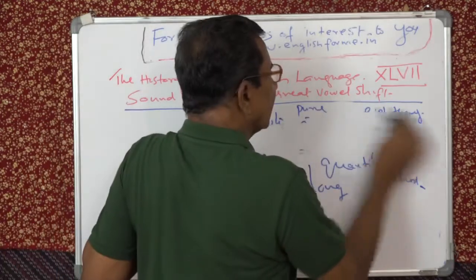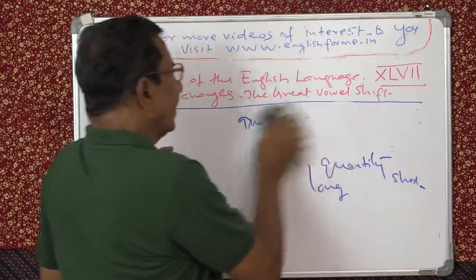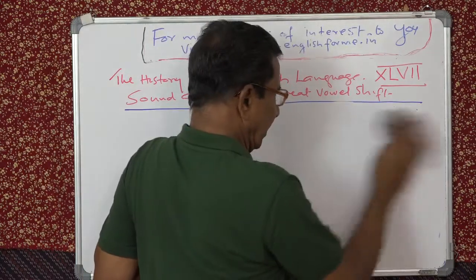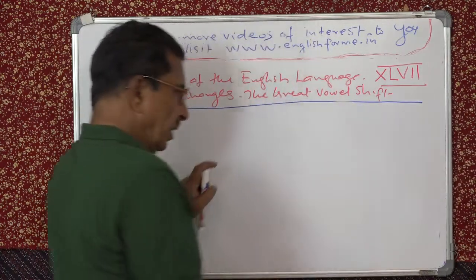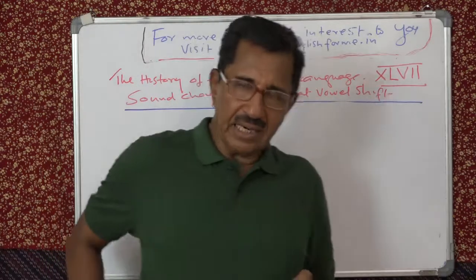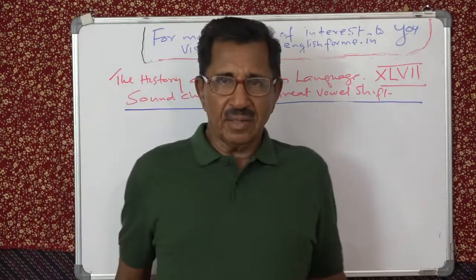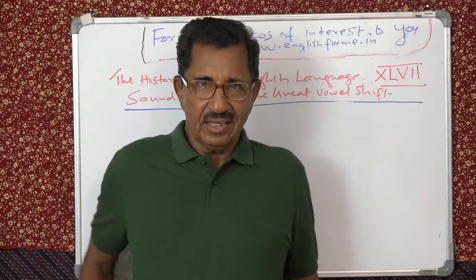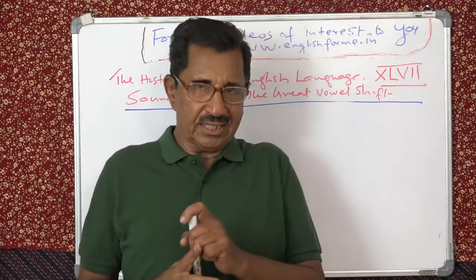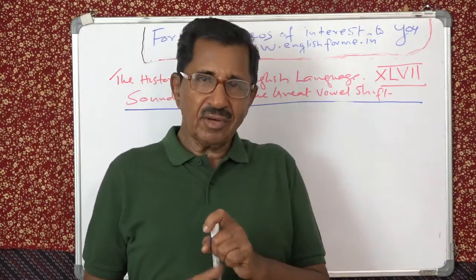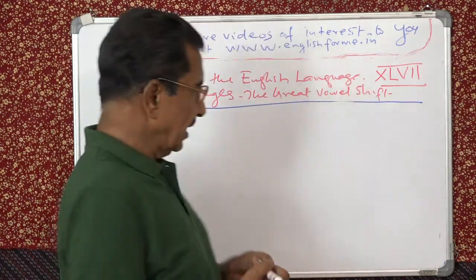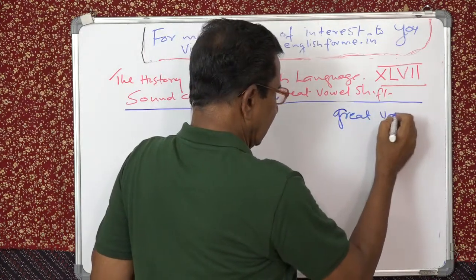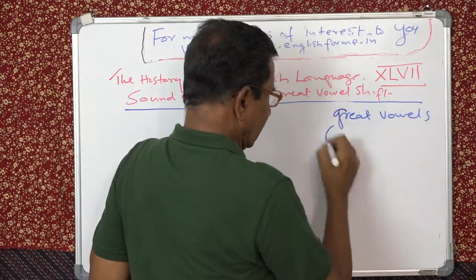Now what I am trying to tell you is, you have heard of a change in the vowel sound when the movement from Middle English to Modern English took place. The great vowels. Great vowels means long vowels.